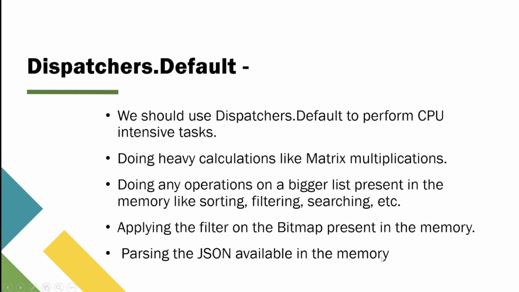So guys, as the definition suggests, for any kind of heavy operations or intensive tasks that have to be performed, at that point in time you have to make sure that you make use of Dispatchers.Default. Whenever you are trying to use coroutines, you just pass Dispatchers.Default as the parameter because they are meant to be used to perform any kind of heavy operations.